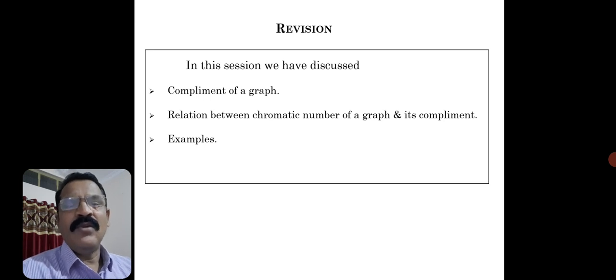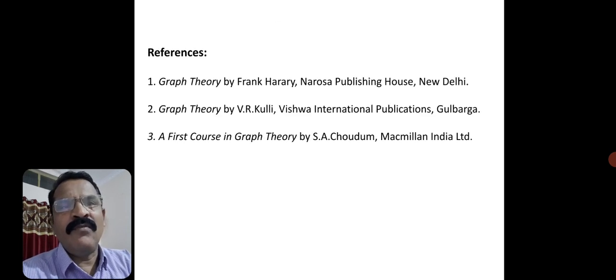So that's why once again we have recapitulated the concept of complement of a graph. We took some examples on complement of a graph, even self-complementary graph also we have considered. Then we got a result, which is a relation between the chromatic number of a graph and its complement. Okay, so these are the ideas which we have discussed in this session. I hope you have followed this one.